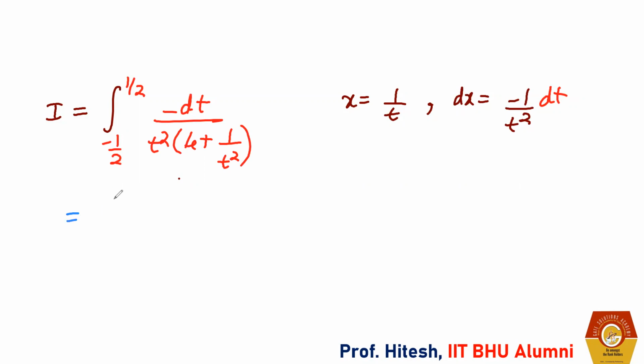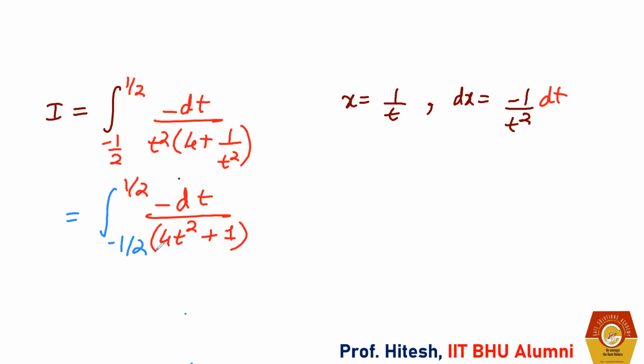So this is nothing but from -1 by 2 to 1 by 2 of minus dt upon 4t square plus 1.